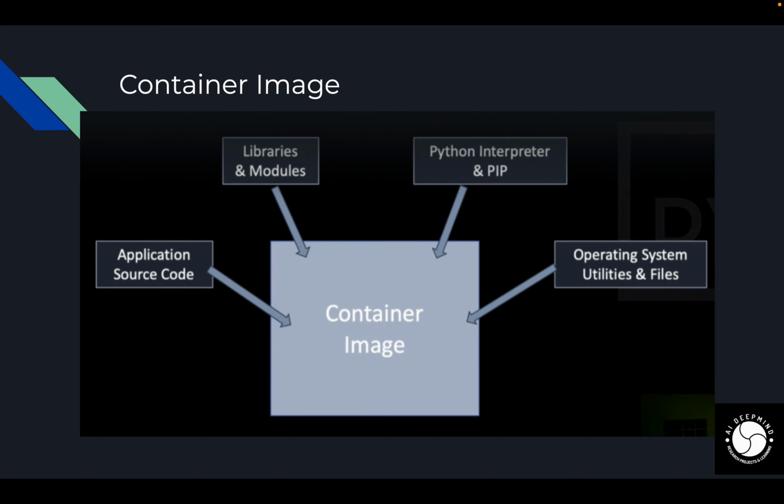And this is how the container image looks. You have some libraries and modules, you have some application code, the Python interpreter and the pip install requirements file, and also you have some operating system, whether it is Windows, Mac or Linux.